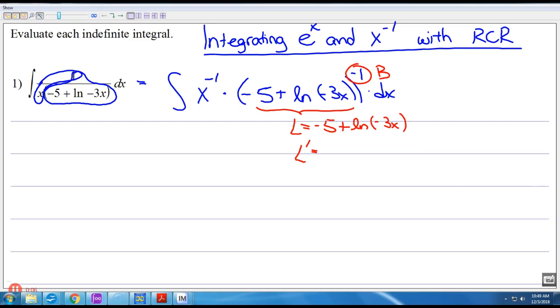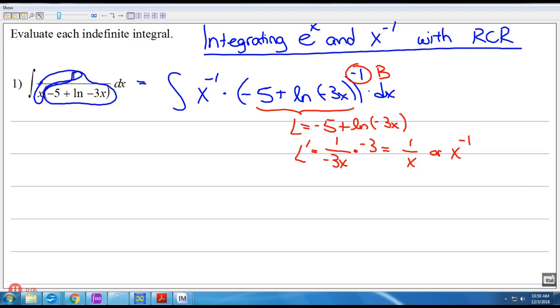And then what's the derivative of ln of something? 1 over the thing. So this would be 1 over -3x times what? Times -3, because you've got a chain rule in there also. So when I multiply those together, you just end up with 1 over x, or x to the -1 if you want to call it that.